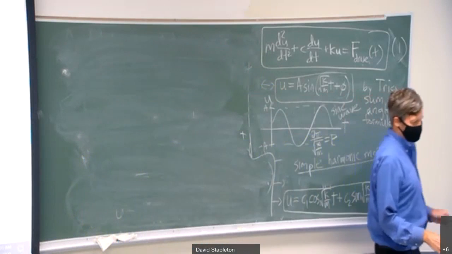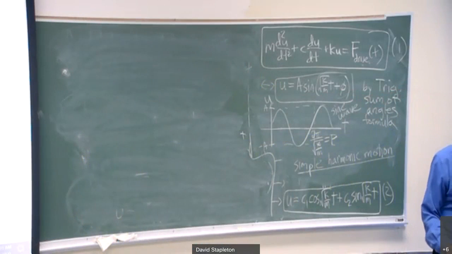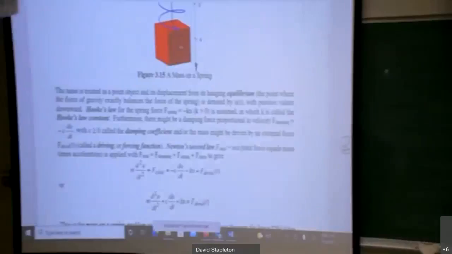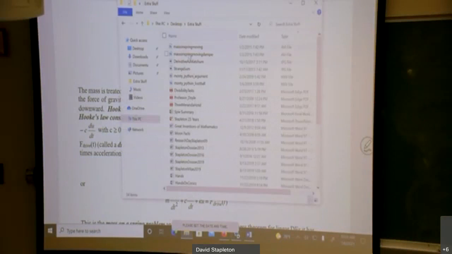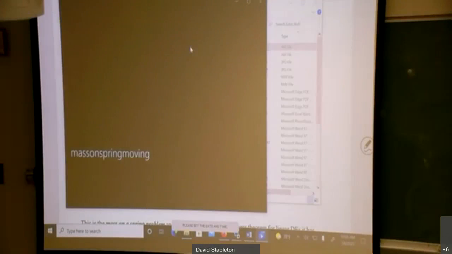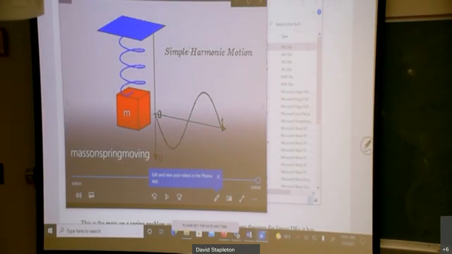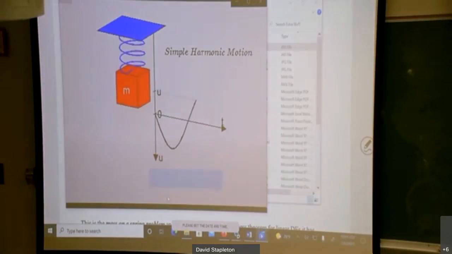Let's see if we can do an example here. Actually, maybe I should bring up my picture now. Here's my little gifs I put together some time ago. Yeah, so it does a sinusoidal type motion there in time, plotting this thing on the side.